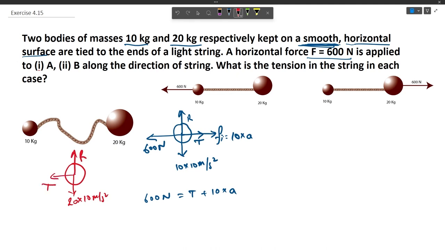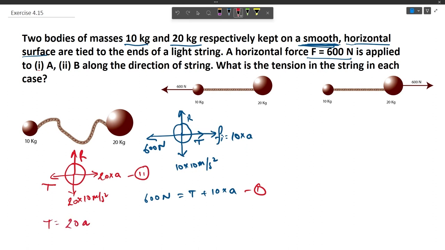Here tension T is applied, and since the acceleration would be in the direction of tension, the inertia force would be acting in the opposite direction, of magnitude 20 times a, because we have assumed the acceleration with which the body will be pulled is a. Now these are the two equations. This is equation 1 and this is equation 2. So from equation 2 we will get T equals to 20a.